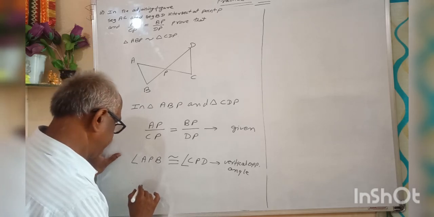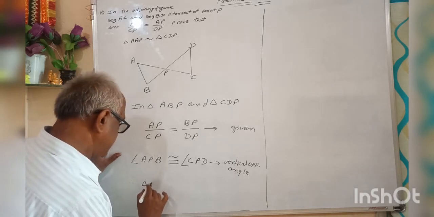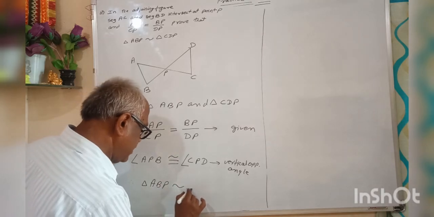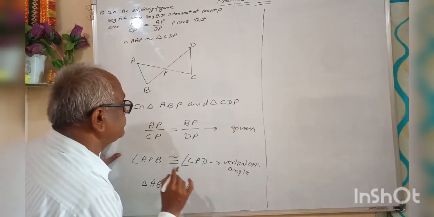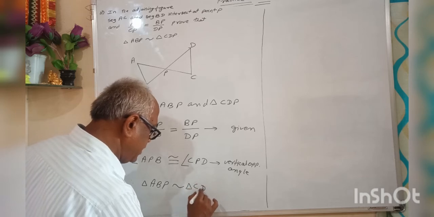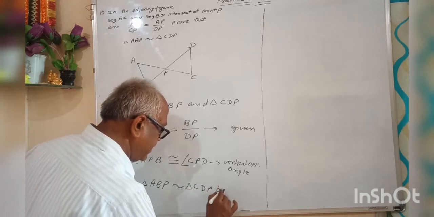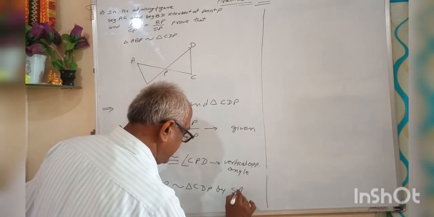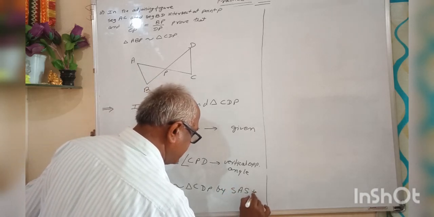Therefore, triangle ABP is similar to the triangle CDP by side angle side test.